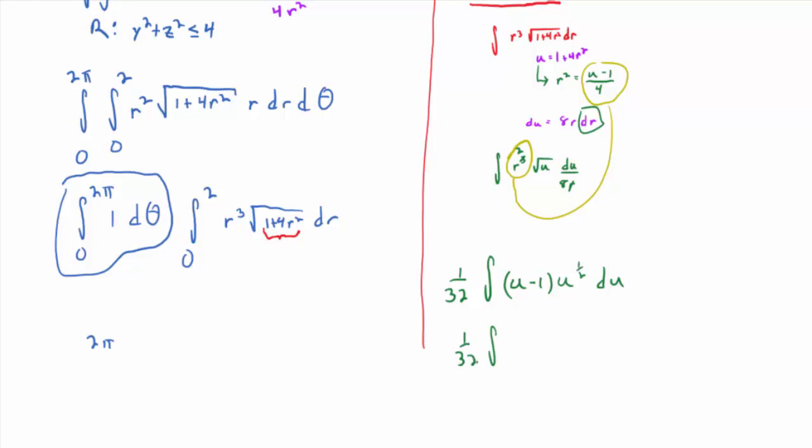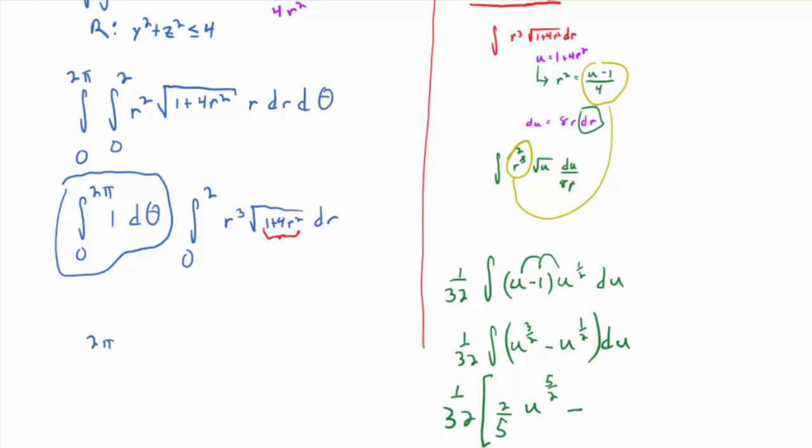Distribute. So 1/32, u times u to the 1/2 is u to the 3/2 minus u to the 1/2. And then we integrate 1/32. Let's see. The exponent's going to be 5/2, and then out in front, 2/5.